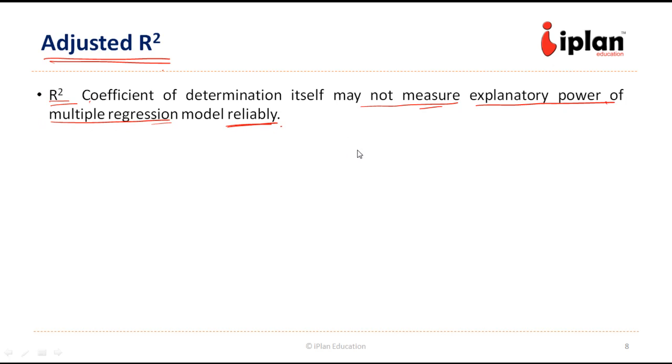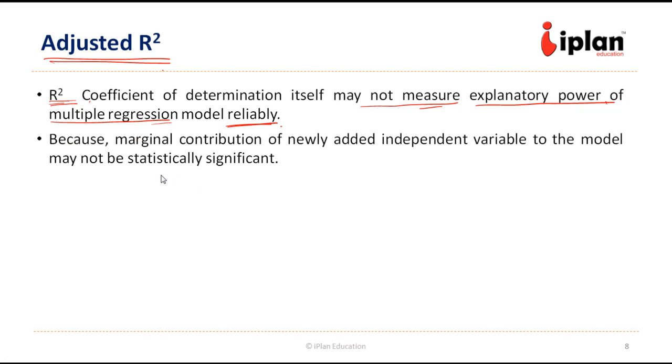The reason is, if we include one more independent variable in the equation, the value of R square goes up a little, though the marginal contribution of the newly added independent variable to the model may not be statistically significant. So if we add a large number of variables, the value of R square looks larger, but it does not actually increase the explanatory power of the multiple regression.